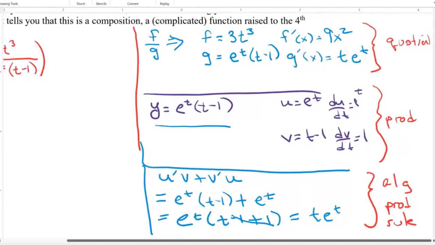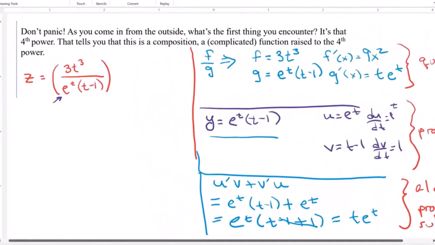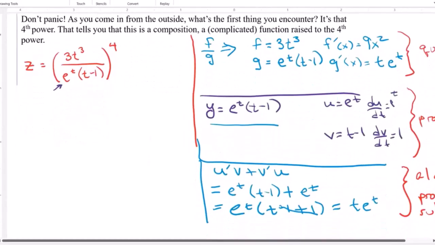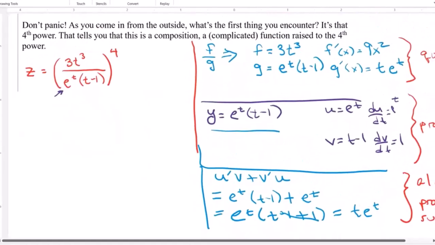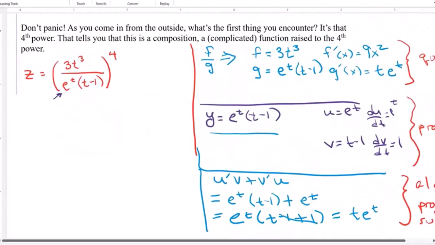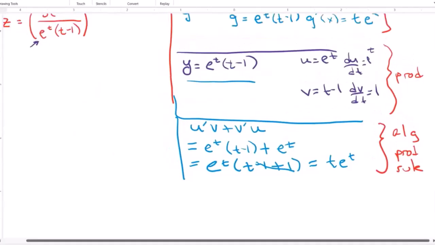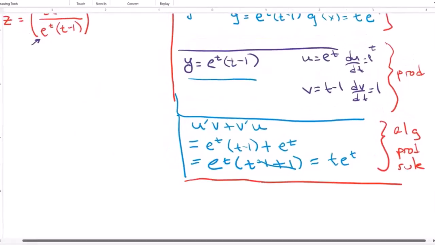So now let's see. Oh, I missed something here. This is to the 4th power, right? Yeah. Okay, let's see what we get. Actually, I'm going to have to kind of go this way, I think.